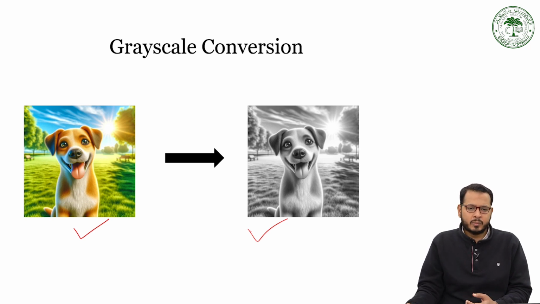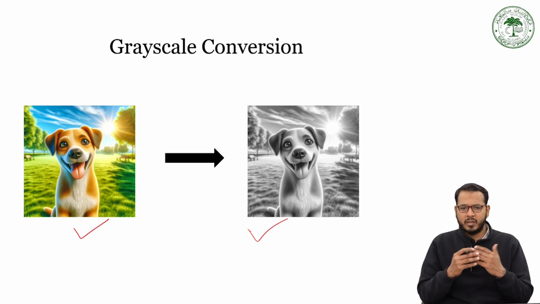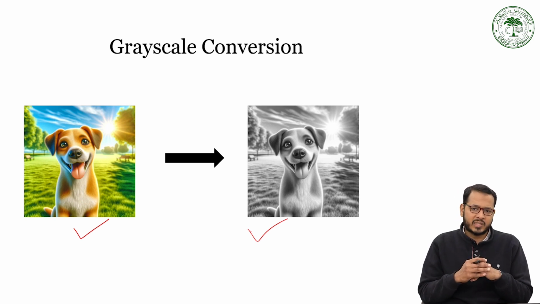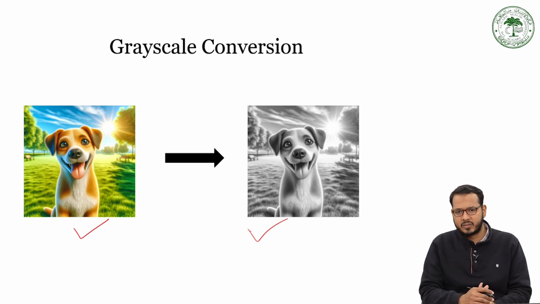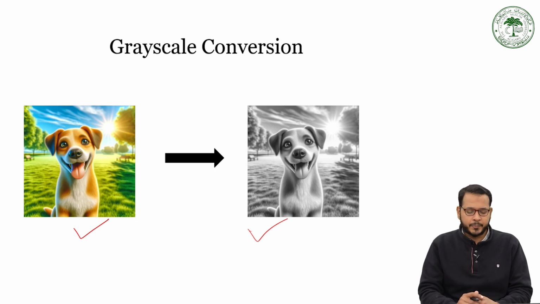This kind of conversion is often used when we focus more on extracting the features of the image. Many algorithms, such as edge detection and texture recognition, are primarily concerned with the structure, shape, or texture of the objects in an image rather than the colors. So grayscale conversion is used, as it reduces the complexity and helps us focus more on these characteristics.